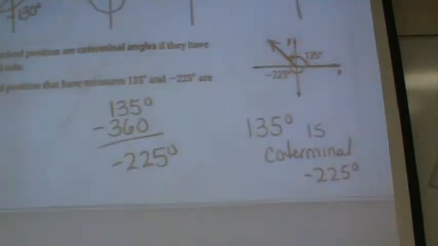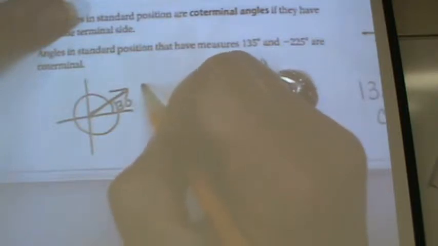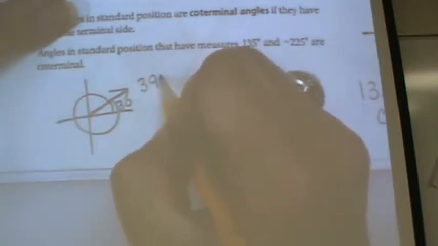Now what you can do also to get a coterminal angle, let's say I gave you a 30-degree angle. This is a 30-degree angle. Another coterminal angle, if I rotated it around one more time, add 360 to this, is 390 degrees.